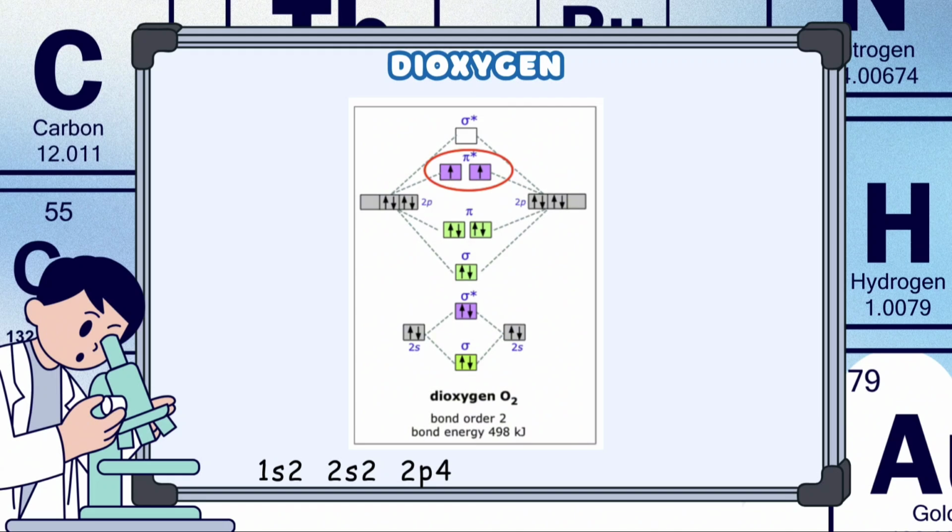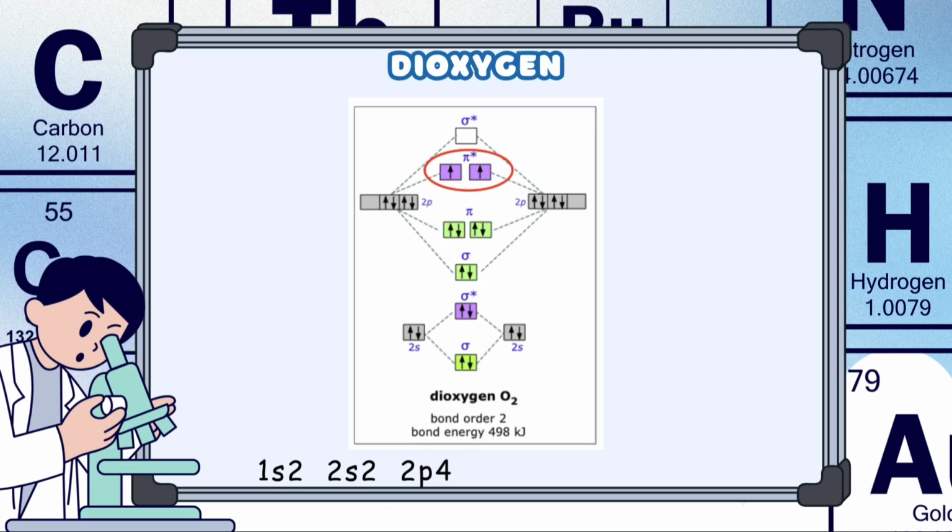Again, in the 2s orbital, it gives us two electrons on each side and fills up both the bonding and anti-bonding areas. In the 2p orbital, it gives us four electrons on each side, so we have eight electrons to fill up in the anti-bonding and bonding areas.